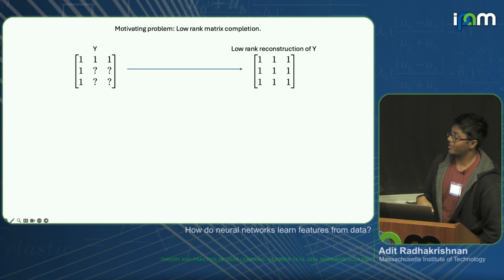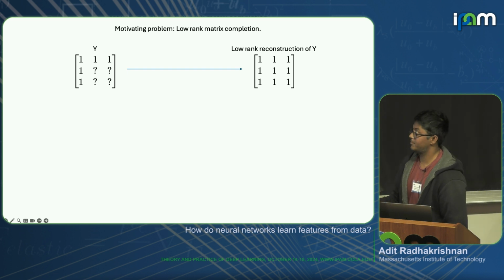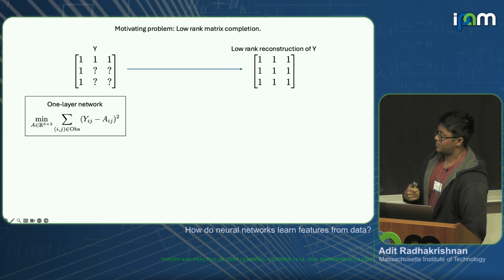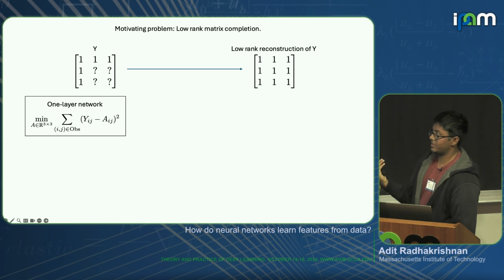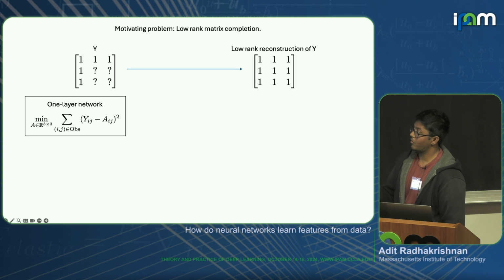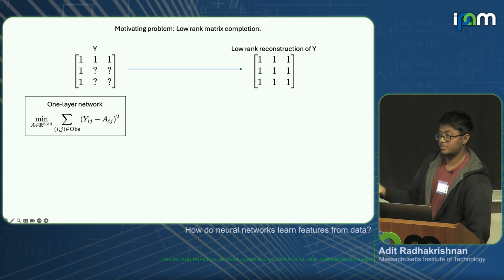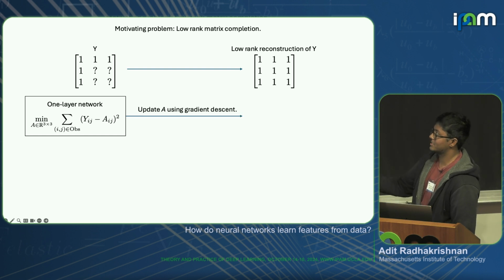So the experiment I wanted to start with is what happens when you use deep linear networks for matrix completion. If I start with the simplest case, I just have one weight matrix. It's a one-layer linear network. I just have a matrix A, and my goal is to reconstruct the observed entries by updating A. I can train A using gradient descent, and this is pretty straightforward to see.